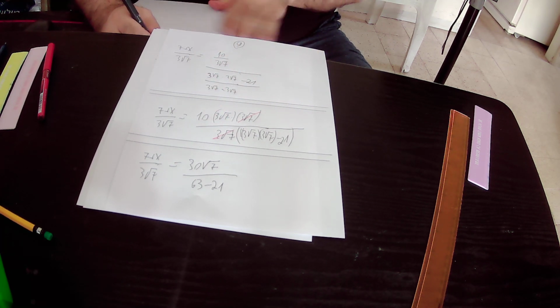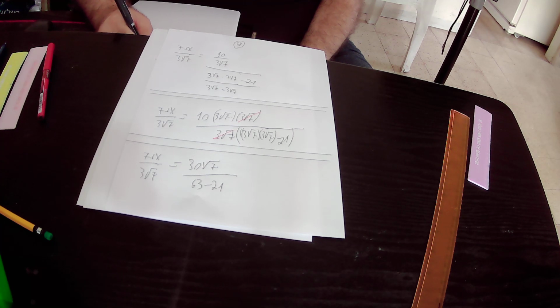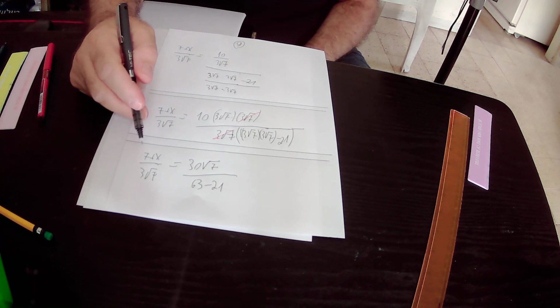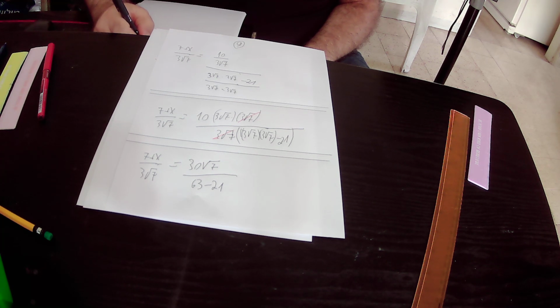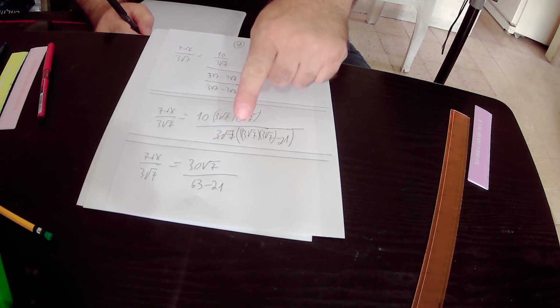And we will multiply this expression by 3 times root 7, and we will get that 7 plus x equals 30 times root 7 times 3 times root 7 over 63 minus 21 is 42.